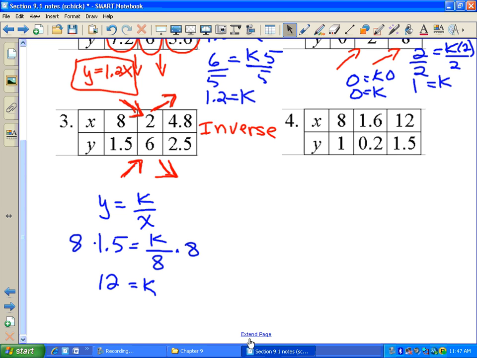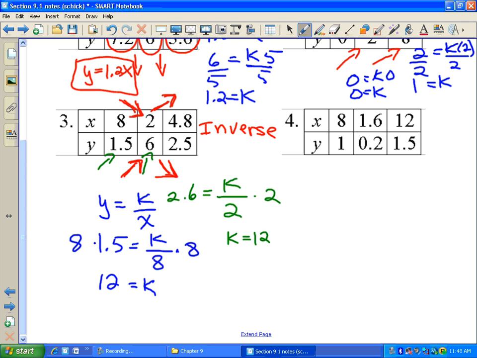Well, let's see. 6 is equal to k divided by 2. Multiply both sides by 2, so k is equal to 12. Hey, that k works not only for the 8, 1.5, but for the 2, 6.